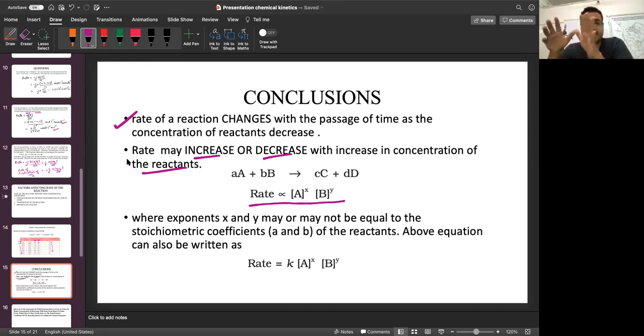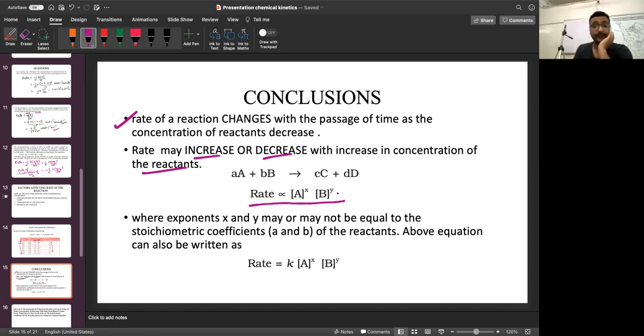As we have concluded that the rate of the reaction is concentration dependent, and that as the concentration of the reactant changes, the rate of the reaction changes, that's what I have mentioned here. Rate is proportional to the concentration of A and B, because we have two reactants, we have to mention both of them.